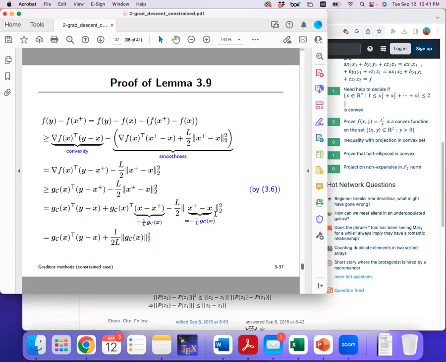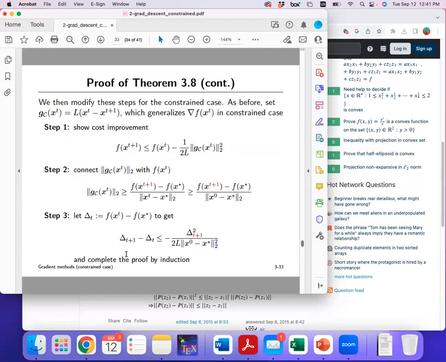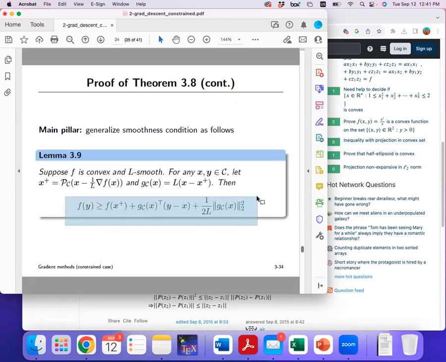This inner product is GCX dot product with itself, so it also gives a norm to the power of 2. These two can be combined together, and the resulting term is the positive distance there. And this proves that lemma. It holds for any x and y, and also the corresponding x plus and GCX.